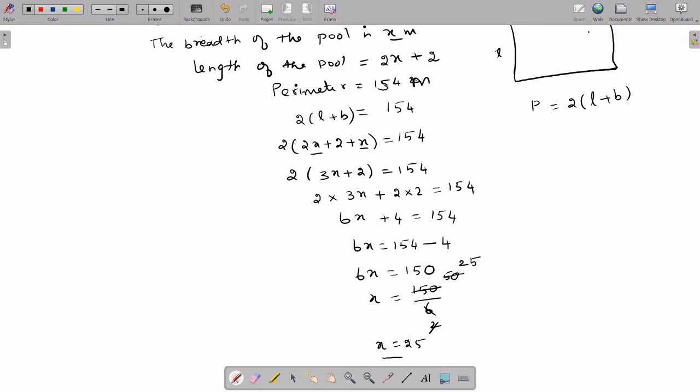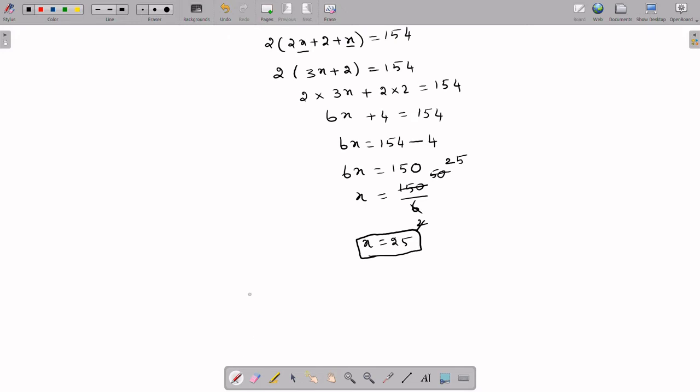This is our value of x. What is x we have taken? Breadth of the pool is x meter we are taking, so breadth of the pool is 25 meter.